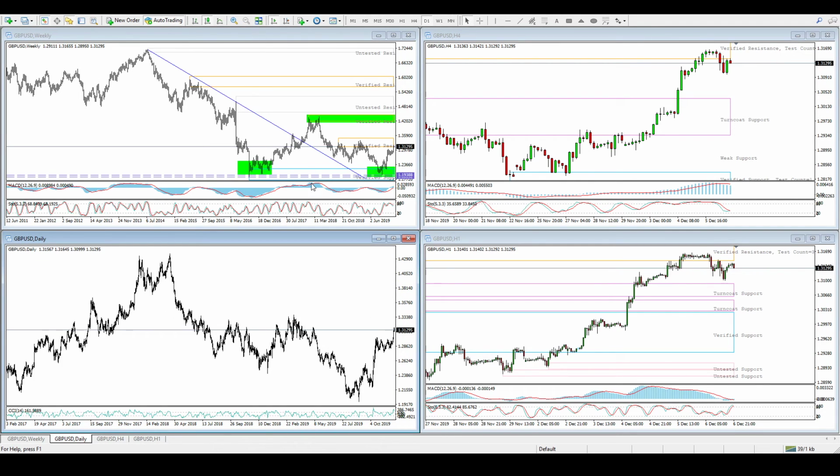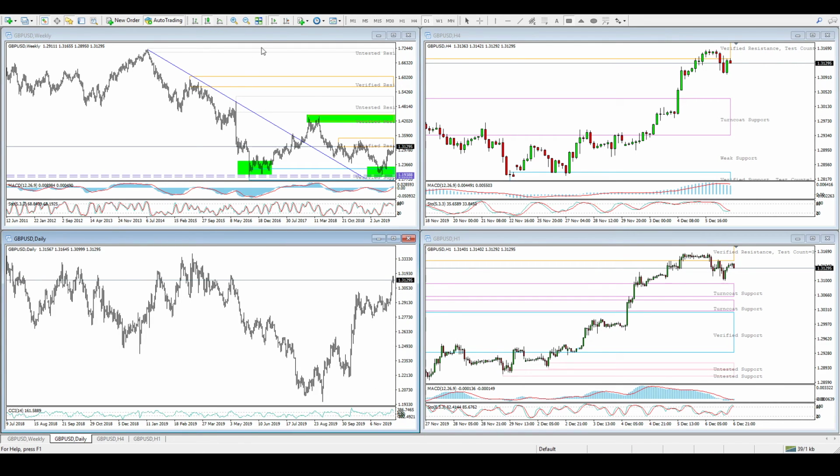On our daily basis, it's very obvious the price is moving up, is breaking all the resistance. Zoom in.